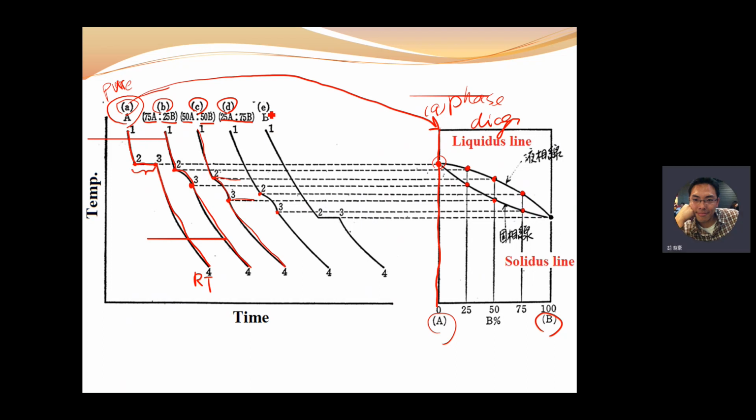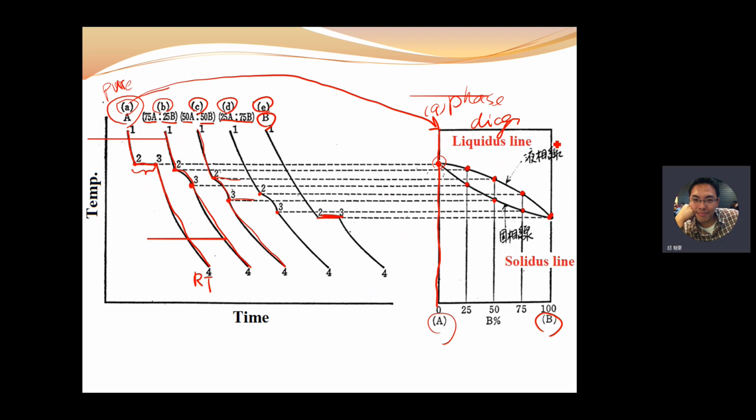And curve E represents the pure metal, or pure element B. Therefore we can map this phase change temperature to the phase diagram here.